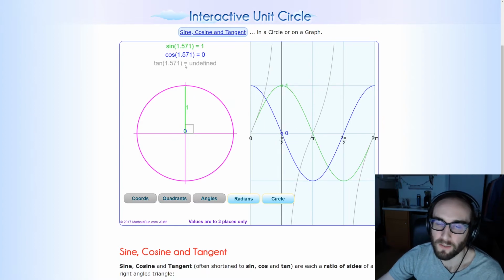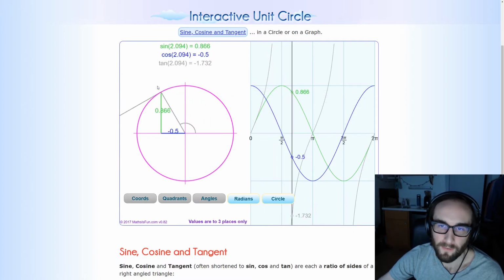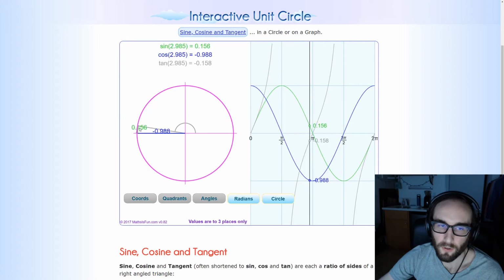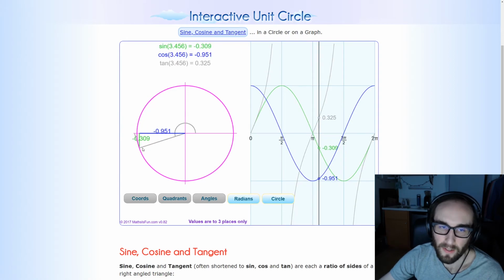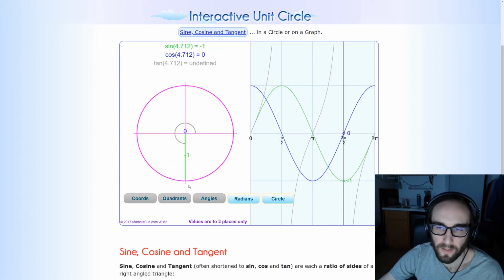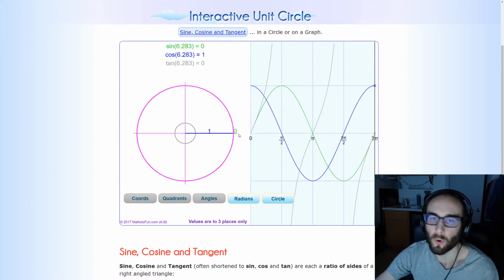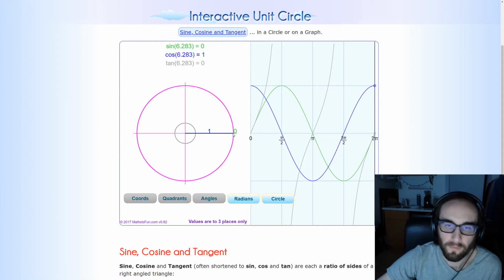So we reach our maximum point on our circle over here, 1. And then we start to decrease until at pi we get to 0. And then we repeat the same pattern but in the negatives until when we reach 2 pi, at which point we'll repeat that same exact wave.